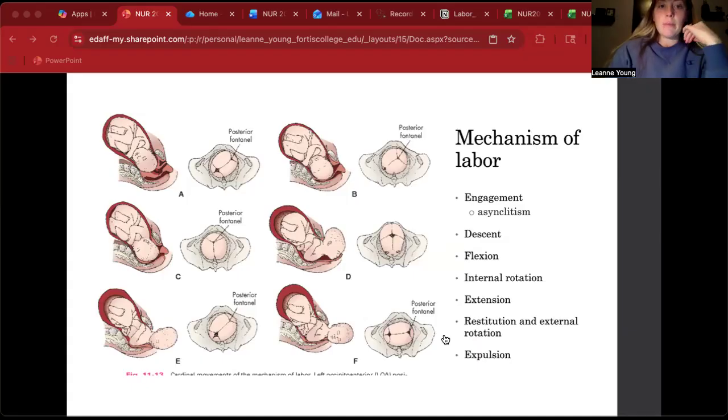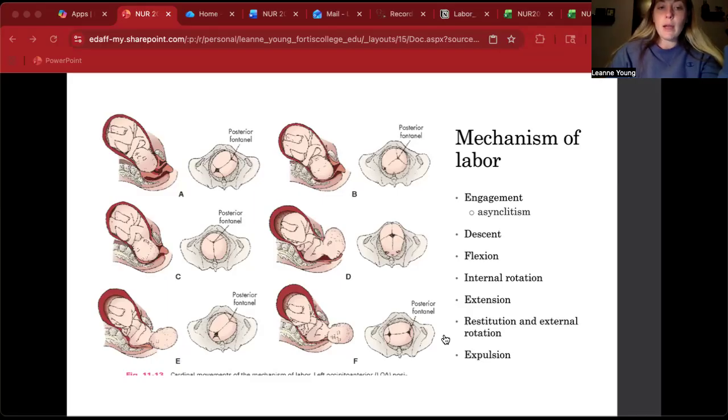We also need to take into consideration a definition called asynclitism, which happens when the head is poorly positioned for labor, and it's making a poor descent through the pelvis. An example of this is if baby is in a position that we call occiput posterior, which is the term sunny side up, or OP.